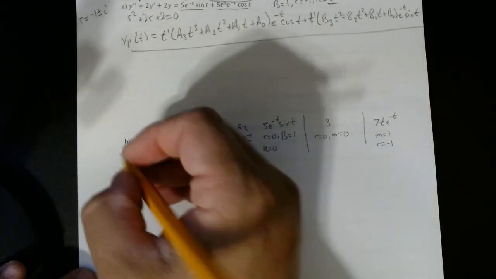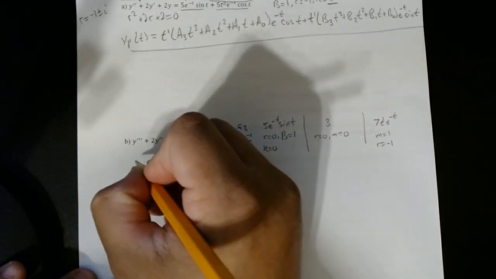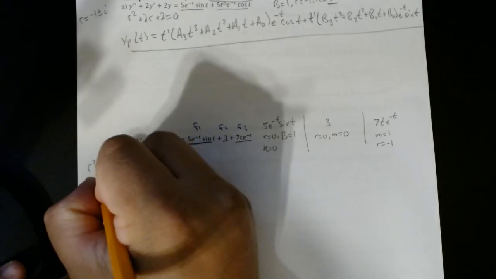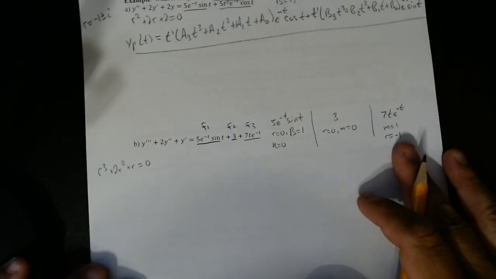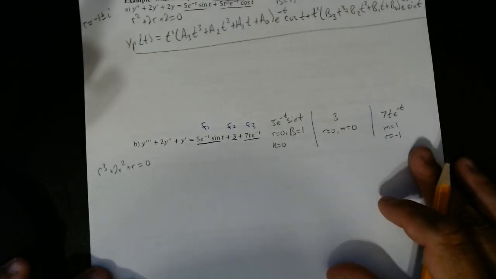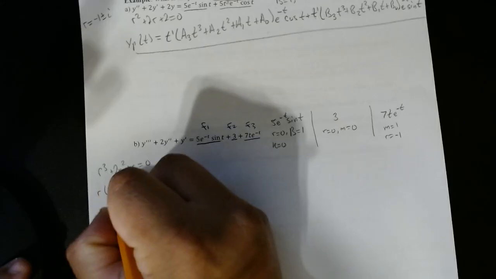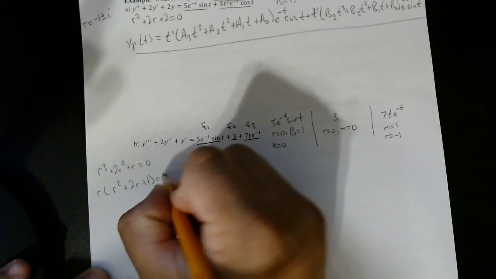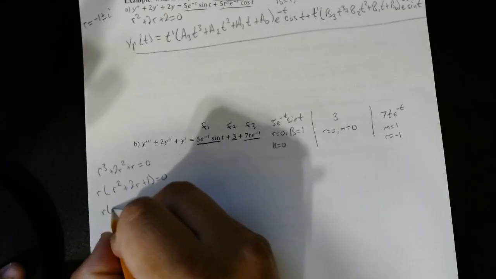Okay, so now we're going to solve for a characteristic equation, and this is going to be now to the third power, so factor in an R, and we get actually this, believe it or not.